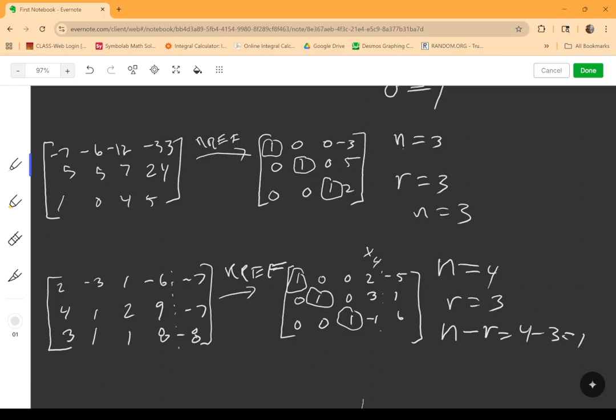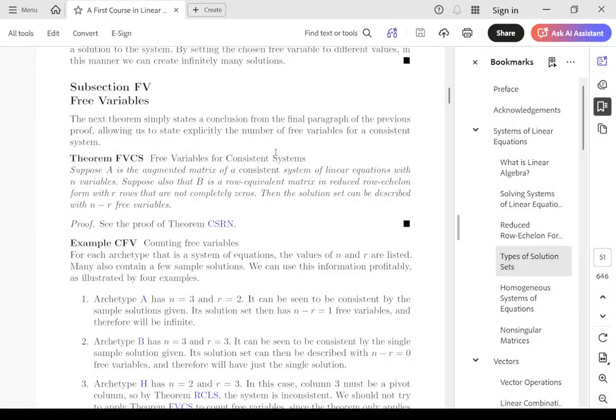And now here, let's take a look at free variables for consistent systems, right? It says suppose A is the augmented matrix for a consistent system of linear equations with n variables. Okay, so here I'm looking at theorem FVCS, free variables for consistent systems.